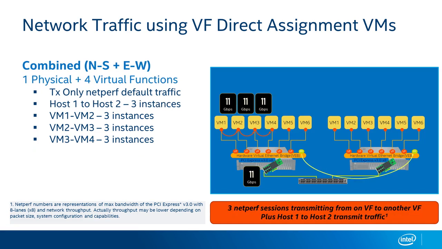When we start also combining this with traffic leaving the server, in this example here we have 1 physical and 4 virtual functions used. The transmit is used only for the default traffic of netperf, and the VMs are talking between themselves, for example, with 11 gig, but then the external traffic going out is also 11 gig.